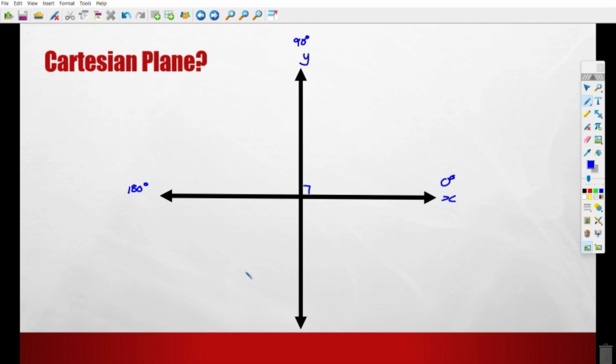To go all the way across to this line over here is 270 degrees. And a full circle all the way around is back at 360. So this point here is 0, 360, and there's 90 degrees, 180, and 270 degrees.